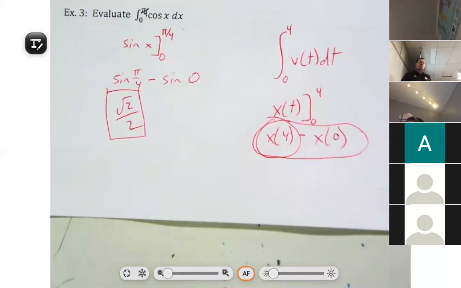And I stress this because the FRQs you guys are going to get, they are crazy messy and involved. But pretty much, they're always going to give you a function as a rate of something. Like a couple years ago, they gave the rate at which a stock boy was stocking bananas on a shelf. One year, they gave the rate at which snow was falling. One year, they gave the rate at which fish were being stocked into a pond.